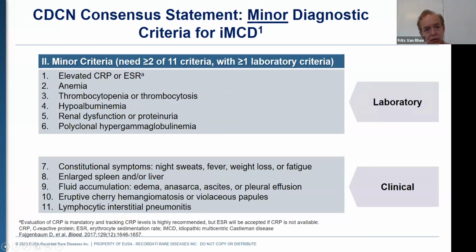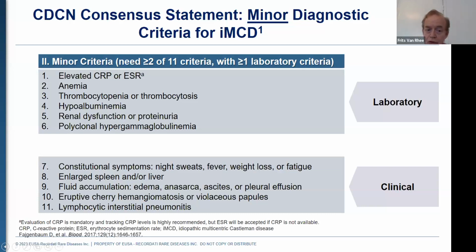Then there are a number of minor criteria, and these are either laboratory or clinical. The laboratory criteria point to inflammatory response or organ dysfunction: elevated CRP, sedimentation rate, anemia, abnormal platelets, be it low or high, low albumin, renal dysfunction or proteinuria, and polyclonal hypergammaglobulinemia. In terms of signs and symptoms, there are the constitutional symptoms that one sees: night sweats, fevers, weight loss, fatigue, essentially what occurs in an inflammatory syndrome.